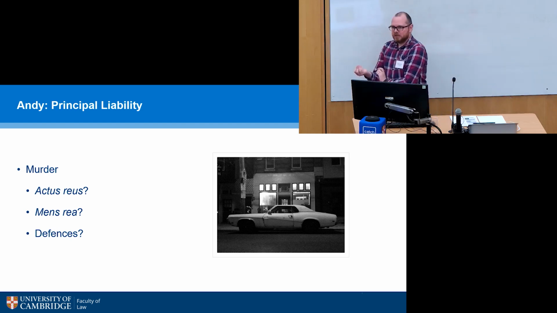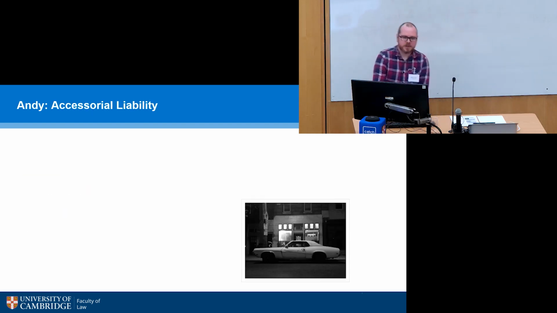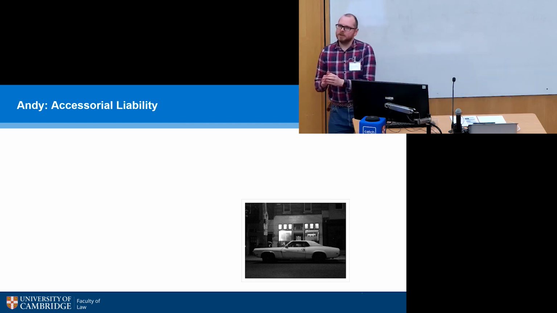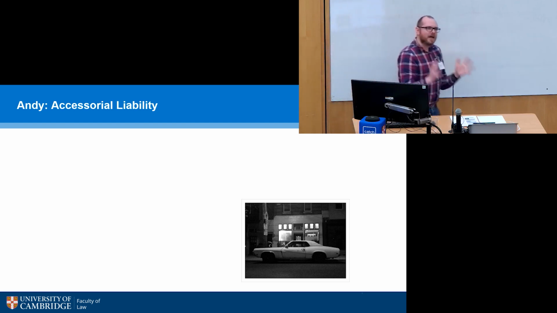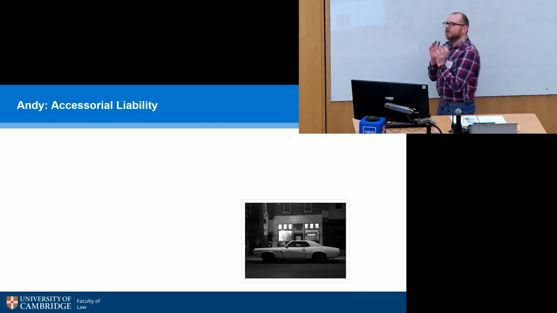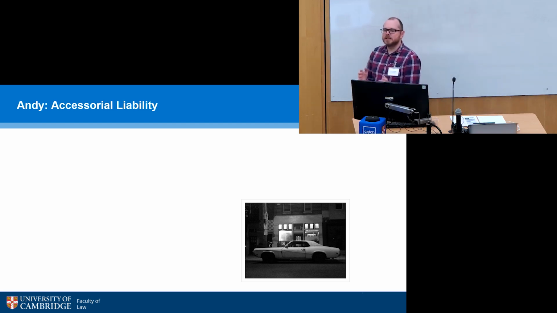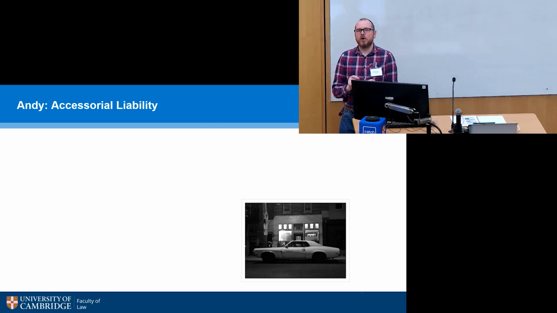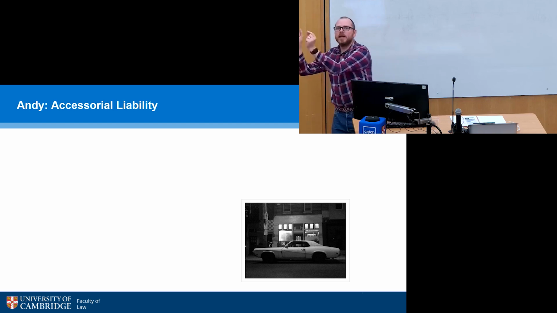Now, the law has the same sort of instincts that you have, that he shouldn't get completely off the hook just because he didn't cause this death with the mens rea of murder. As well as principal liability, we have this thing called accessorial liability. And the basic idea of accessorial liability is that you are convicted on the basis of someone else's crime.